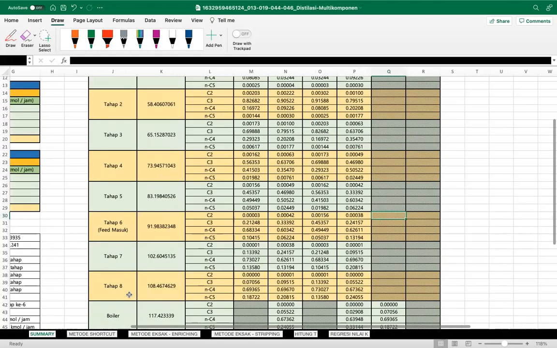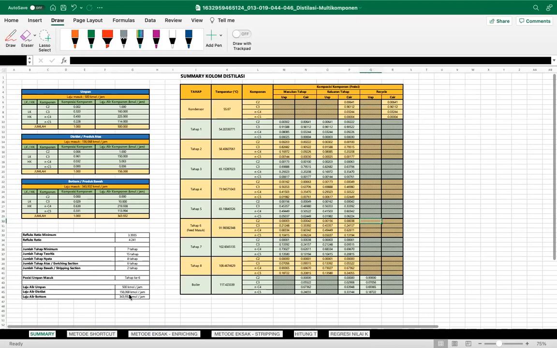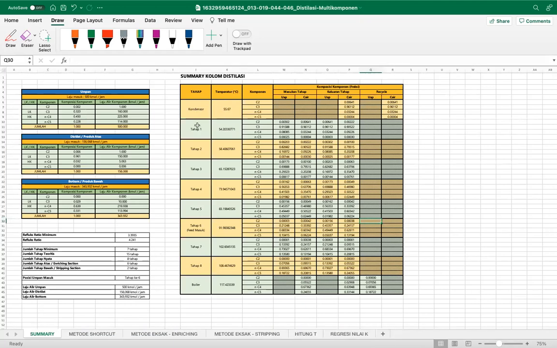In essence, you have one for the condenser, the full condenser. You have 1 2 3 4 5 6 for the exact method on the top stages, and from the bottom there are 7 8 and then plus 1 for the boiler, so there are 9 equilibrium stages.